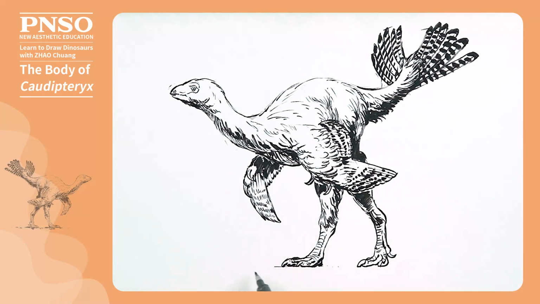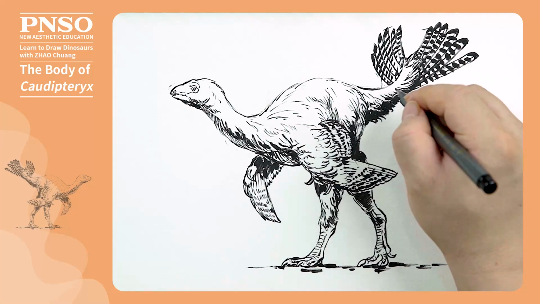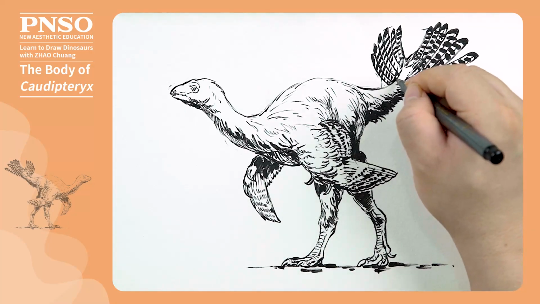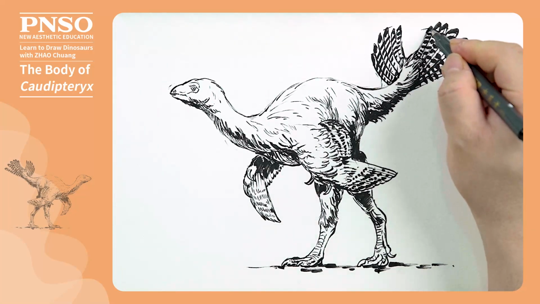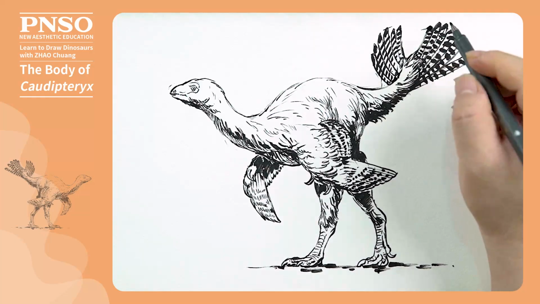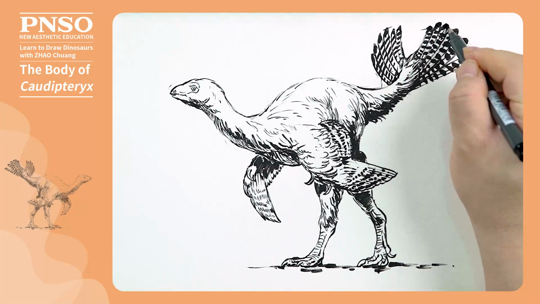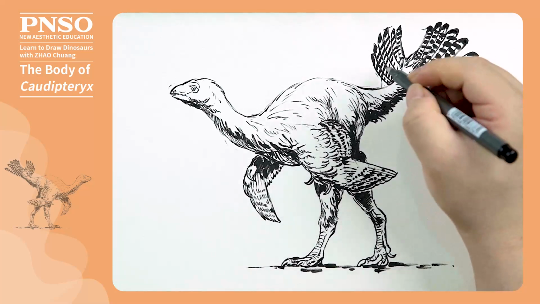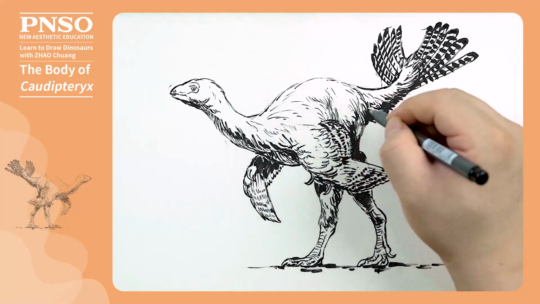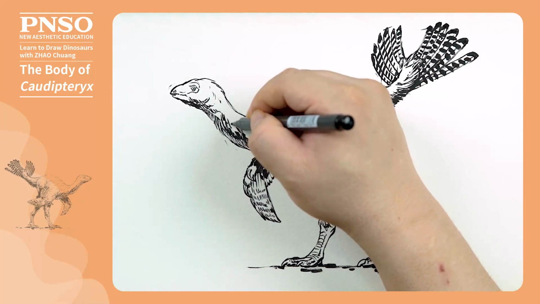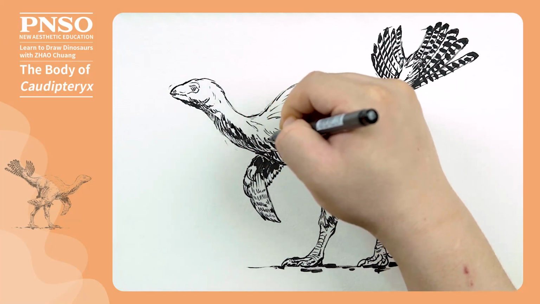Then, lightly sketch the ground to create the shadow it casts. Finally, review the drawing to ensure no part is missing, such as adding more feathers to the neck where there's too much blank space.